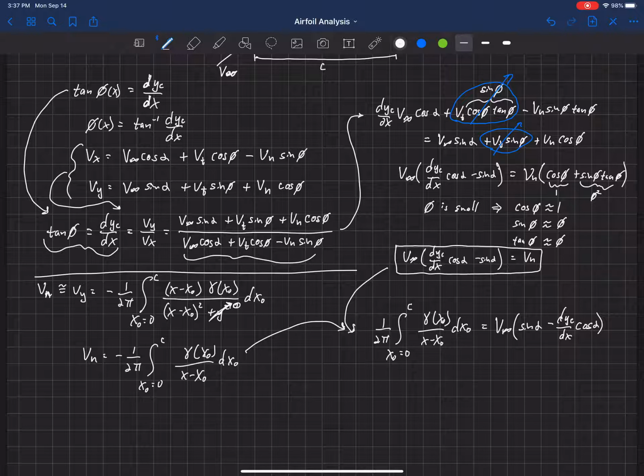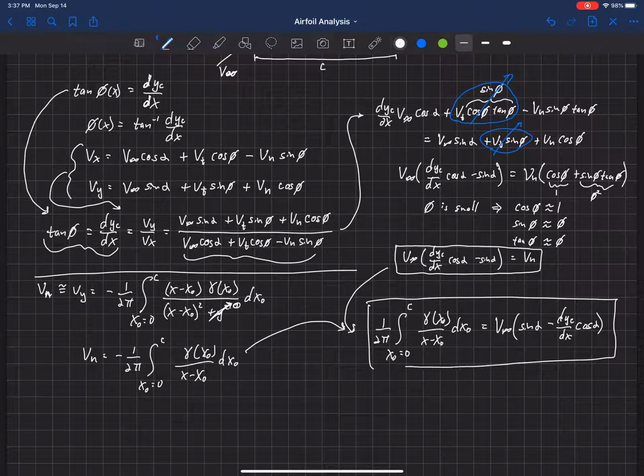Okay, so this is the general solution for thin airfoil theory. This is the general equation, and basically what we input into this equation is a camber line. So we know the camber line slope at each location in x. We can get the derivative of that. And what we want to know is the distribution of gammas that then satisfy this equation.